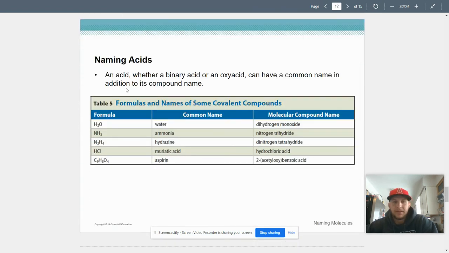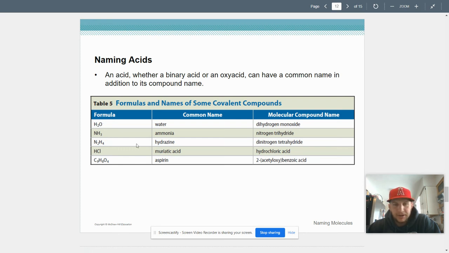Okay, now a lot of these, like we talked about before, are going to have a common name, and here are some of those ones that we talked about before. Whether it's binary or an oxyacid, it can have a common name in addition to its compound name. So probably the most obvious one, H2O, we just know that as water, but if we're going to use our technical name, this is dihydrogen monoxide. 2 hydrogens, 1 oxygen, dihydrogen monoxide.